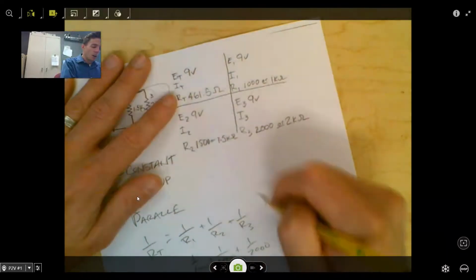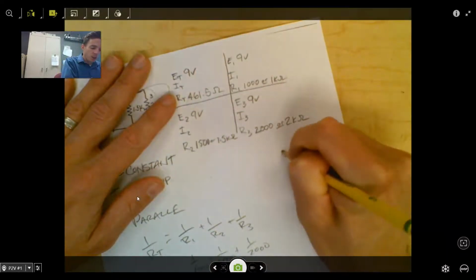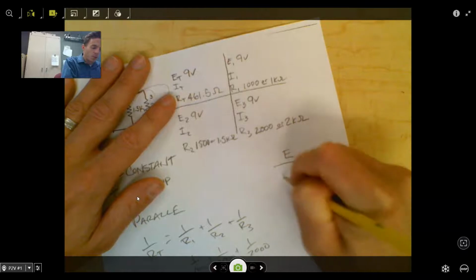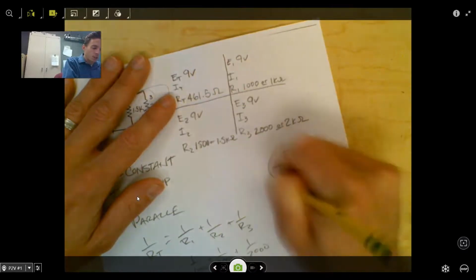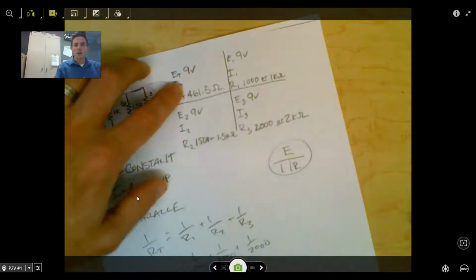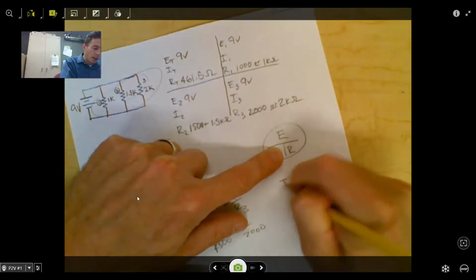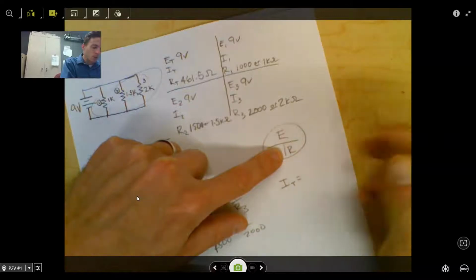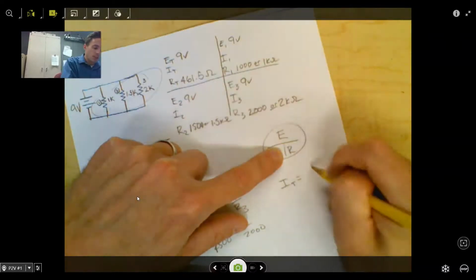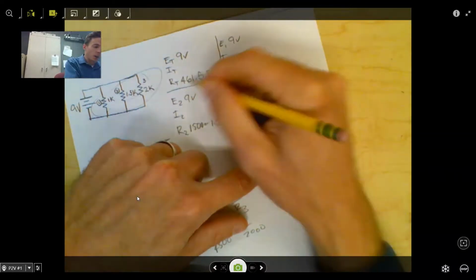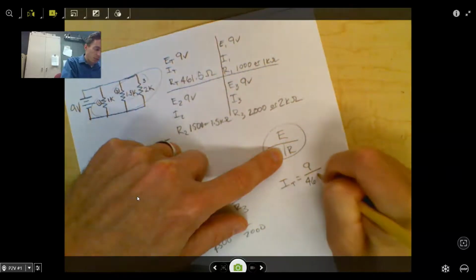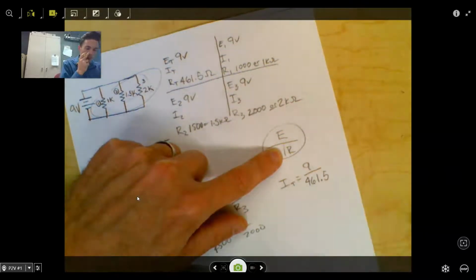And again, before I do Ohm's law, I always jot down the circle. E over I times R. So I'm trying to solve for I, so I'm going to cover up I. I total is equal to E, which in this case is 9, divided by R, which in this case is 461.5.